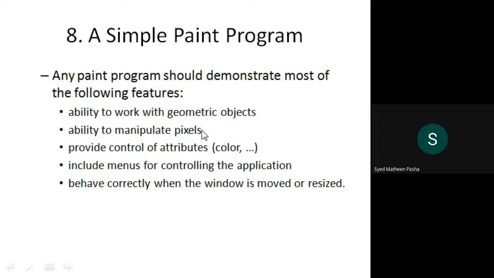Then it should have the ability to manipulate pixels, that is, calculate the number of pixels defined in the output representation. Then provide control of attributes, so the user can change the color and size. Then include menus and behave correctly when the window is moved or resized. Once you give menus to it, after changing the size, the window should be displayed properly. These are some of the key features you need to remember while programming a paint program.